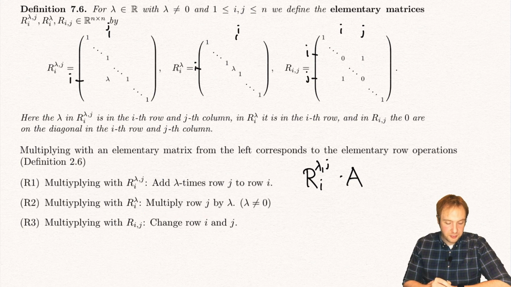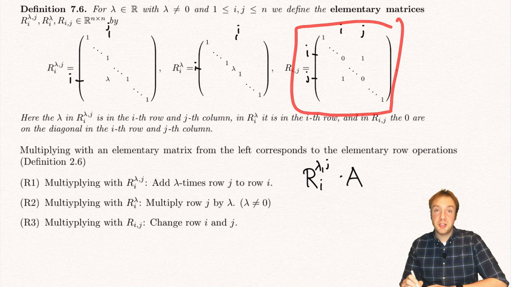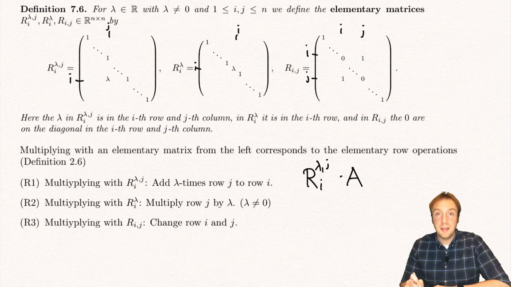So this corresponds to these row operations R2, and this matrix just interchanges the row I and row J if I multiply from the left.